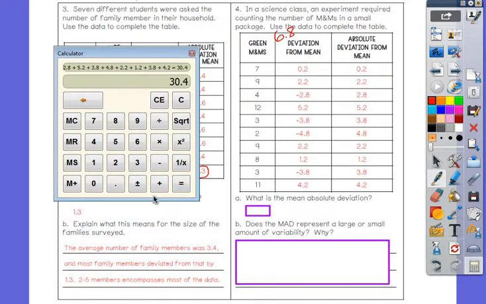Okay, I get 30.4. There are 10 bags, so I divide by 10. I get 3.04. So my mean absolute deviation is 3.04.